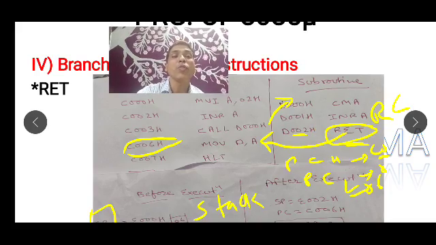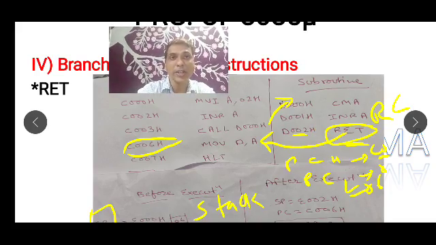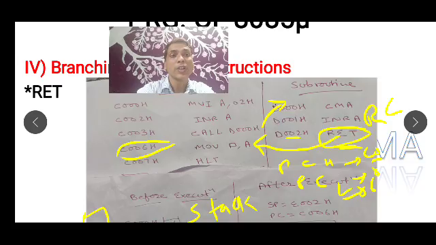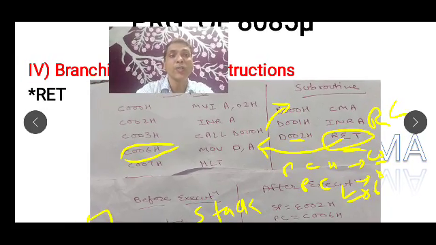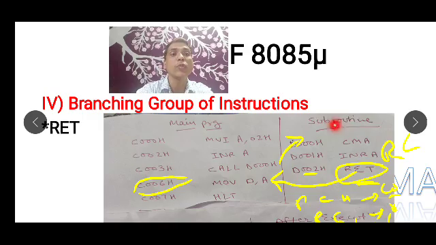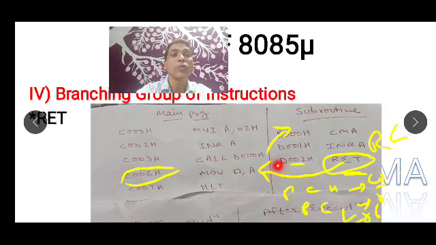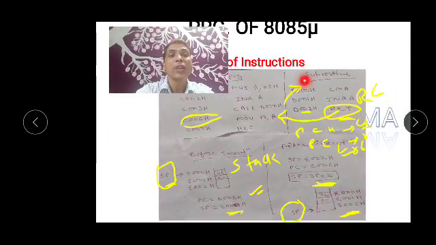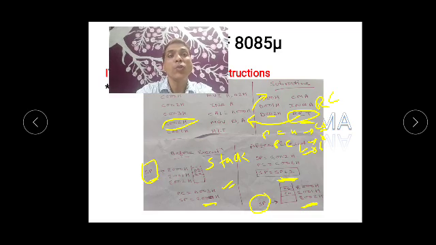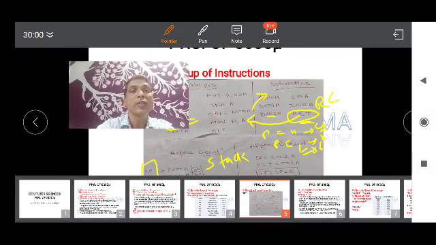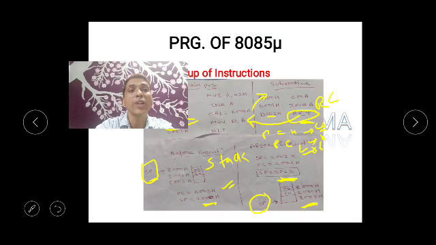That's why most of the time we don't write conditional return statements, we write plain return, because when it goes from the main program to the subroutine, we want it to come back from the subroutine. I hope in earlier classes you have seen something about interrupts.